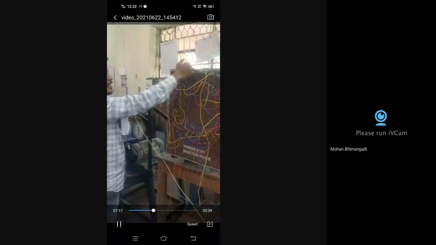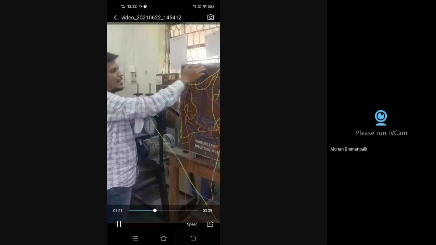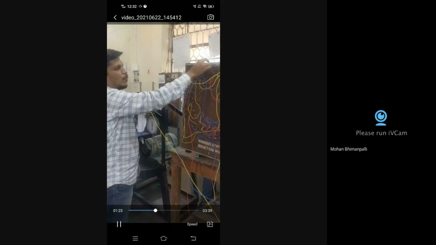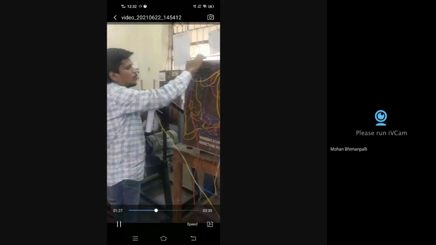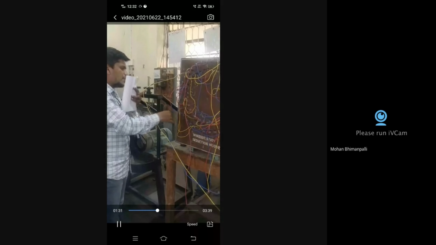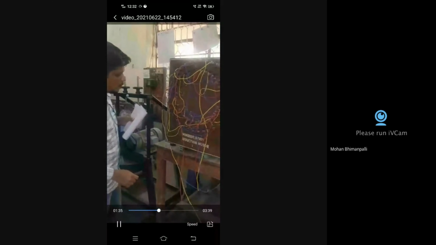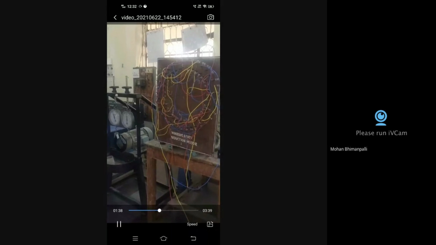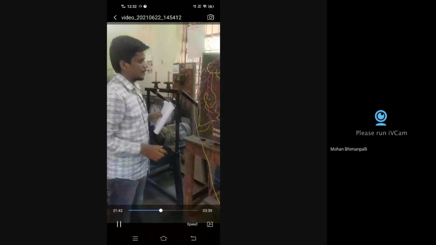So electrically there will be a displacement of 120 degrees from R to Y. For one slot it will be 30 degrees. So it will be 1, 2, 3, 4. So your Y phase will be at the fifth one and B phase is at the ninth slot. So this is how we have calculated the phase angle, slot angle and constructed the wiring.